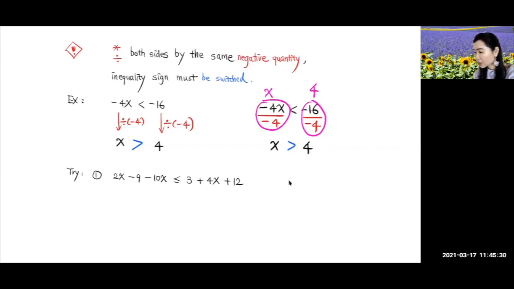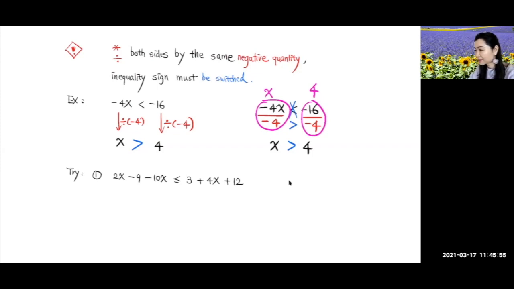So what's the correct way to do this? The correct way is, once you put down divide by negative 4 on both sides, you have to erase this and switch the inequality sign right at this step. So you will erase it and switch the inequality sign right there.